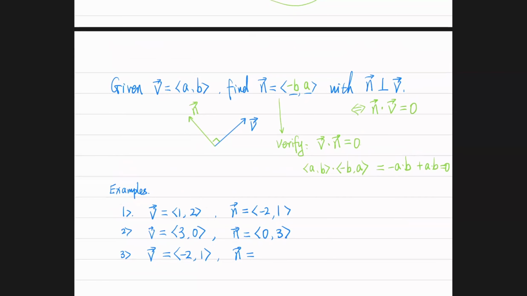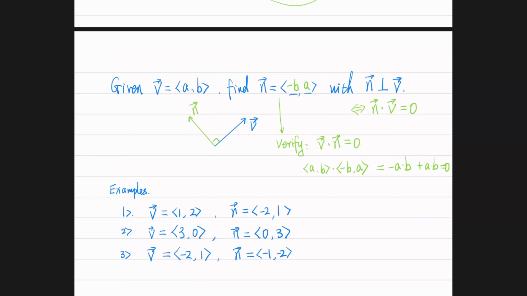Okay, so what we did, we switch and change one sign, not both. Oh, it's -1, -2, yes, because we are so used to positive numbers. Sometimes when we go to negative numbers, we get the incorrect ones.